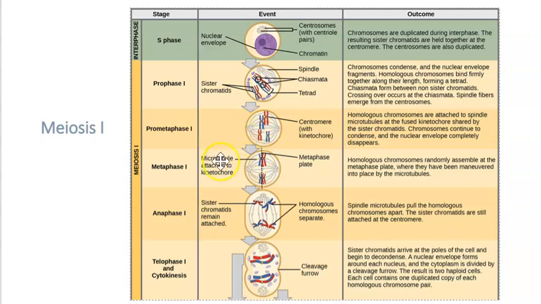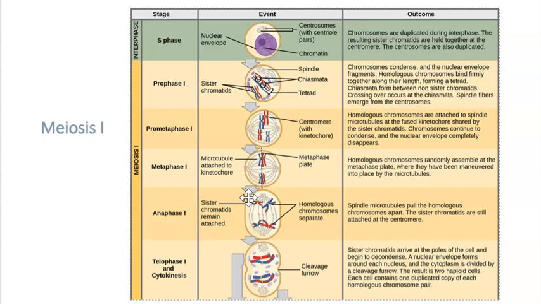Once those events happen, we then move into metaphase 1. Here in metaphase 1, the homologous chromosomes are lining up in their pairs. Sometimes these pairs are called tetrads, because the homologous chromosomes have 4 sister chromatids total.